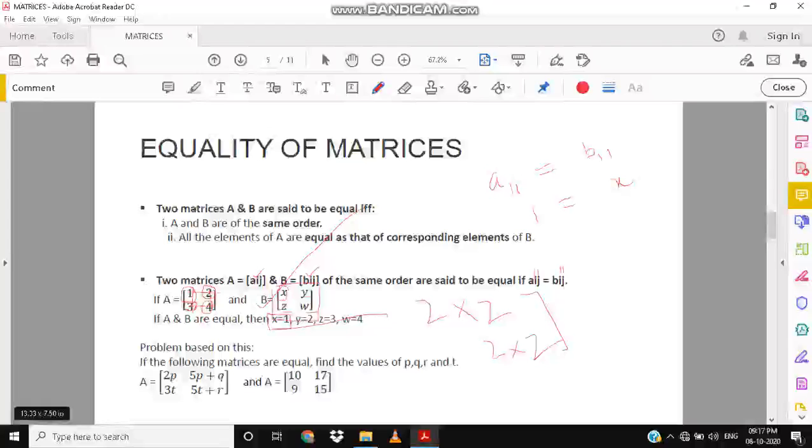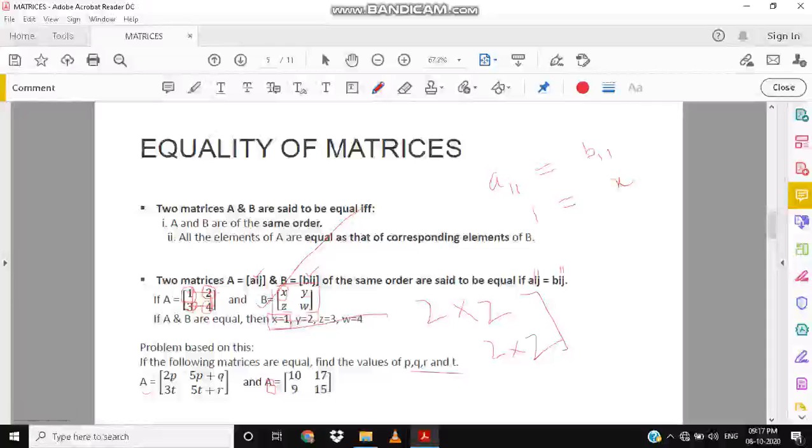So one similar problem based on this is, if the following matrices are equal, this A and, sorry, this should be B, or any other matrix, it shouldn't be A. So if A is this and B is this, you need to find the values of P, Q, R, and T. What will you do? It's simply the same way. You will be calculating it in the same way as the previous one.